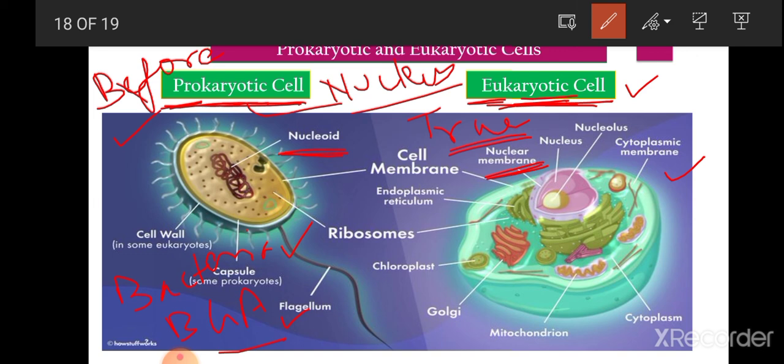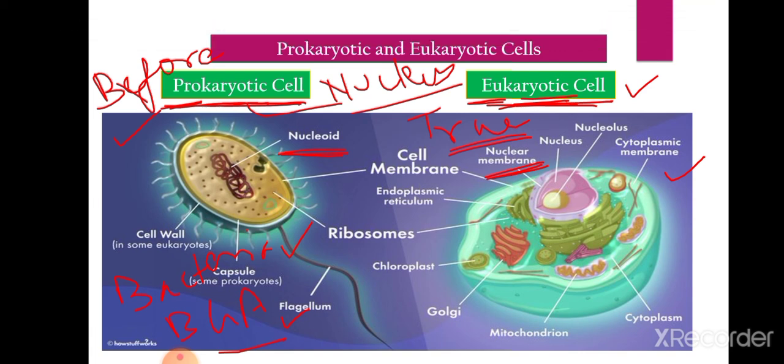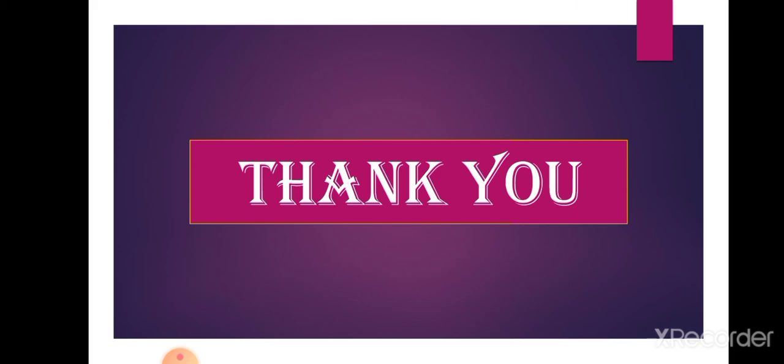They have eukaryotic cells because of the presence of a well organized nucleus. So you will find a lot of difference between prokaryotic cell and eukaryotic cell in their nucleus organization, as well as in the cell organelles or cell structures, that you will study in your higher classes. Now this chapter is completed. Thank you, students.